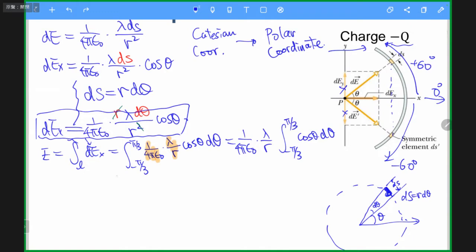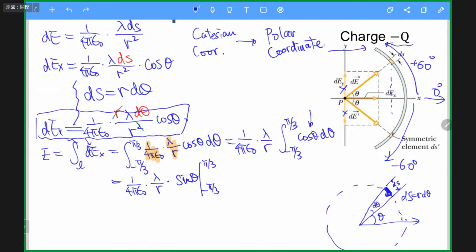The antiderivative of cosine theta is sine of theta. I think you should know about that. So it is 1 over r and then times sine of theta evaluated from negative pi over 3 to pi over 3.